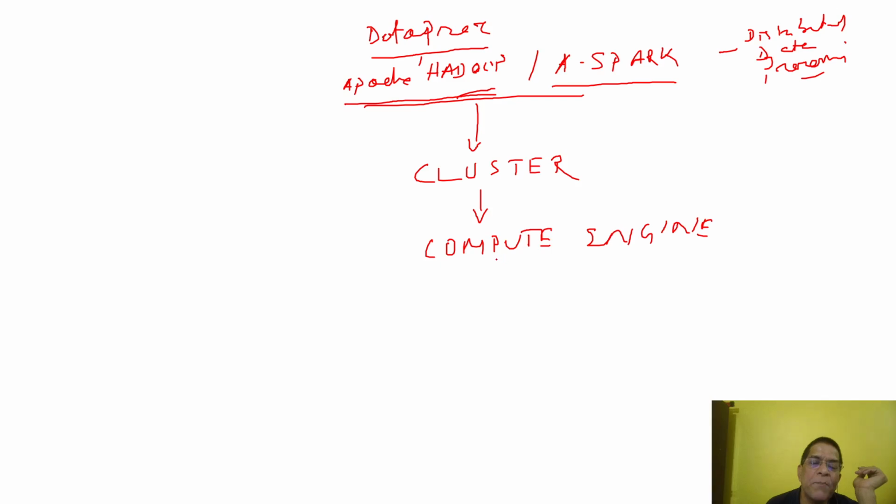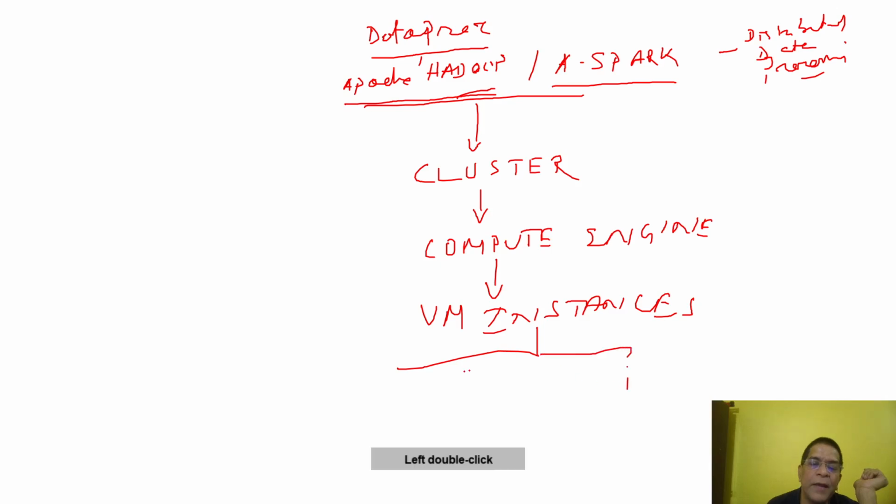And in this compute engine, it will create VM instances. And these VM instances are of two types. One is master, another is node.